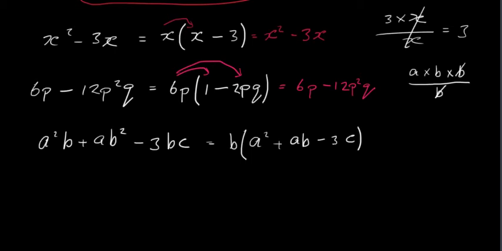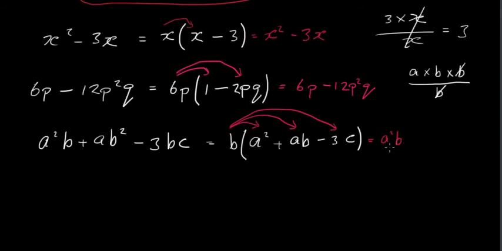So let's just check this one then, see does this work. We've factorized this expression here into b and a squared plus ab minus 3c. We need to multiply this term by this term, and this term by this term. b times a squared is ba squared, or just a squared b.